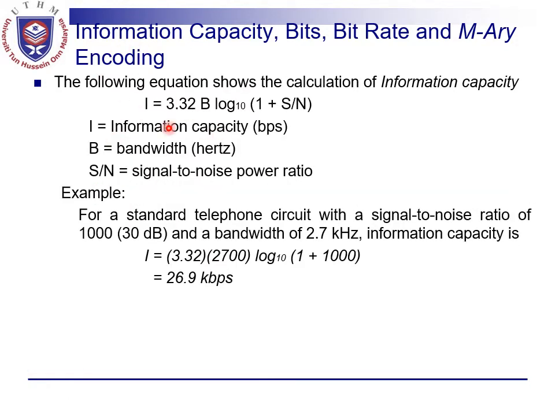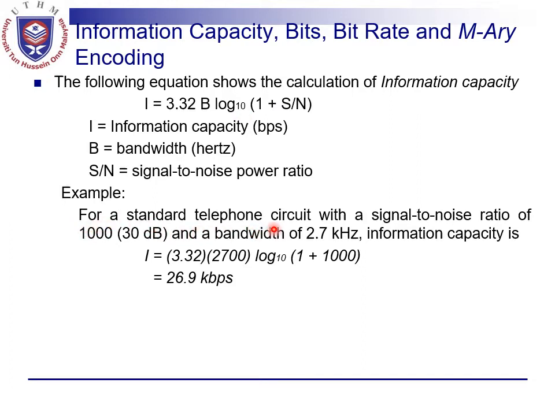So this is the formula to calculate the information capacity. When we look at this formula, it involves the bandwidth and the signal to noise power ratio, or SNR. Information capacity I equals 3.32 times bandwidth times the log of 1 plus SNR. So this is the example that explains this formula.